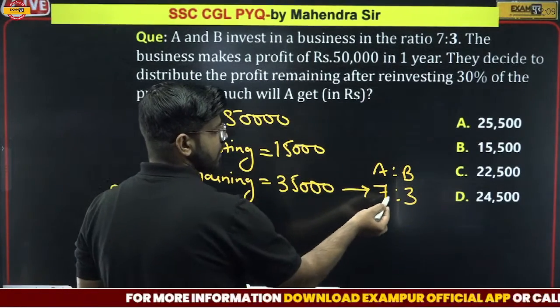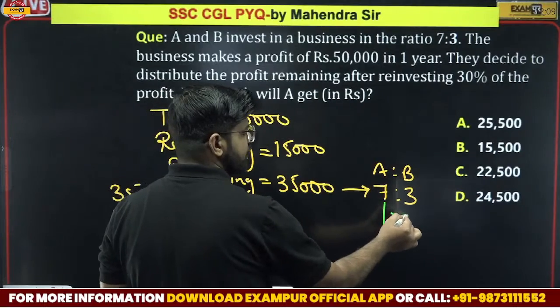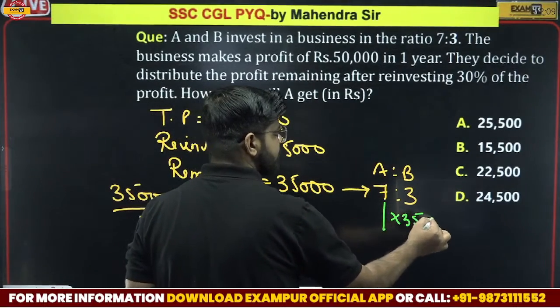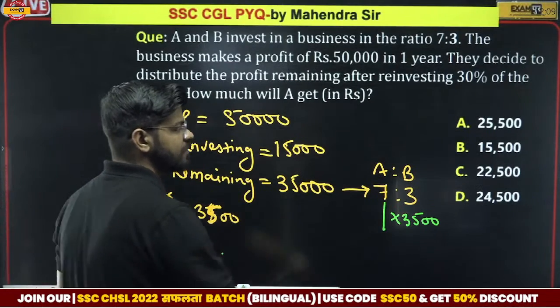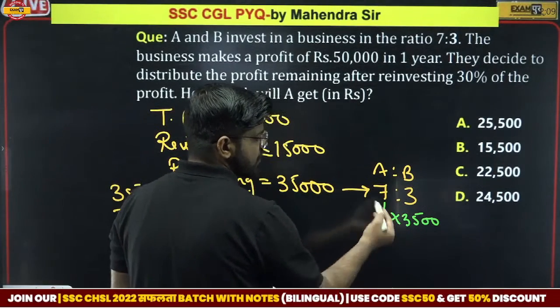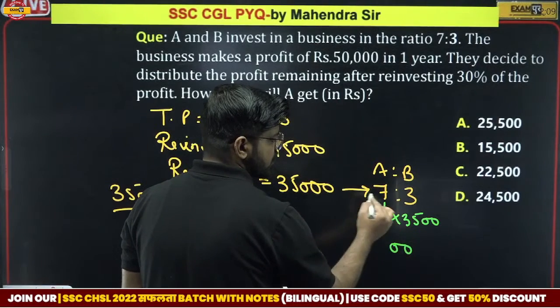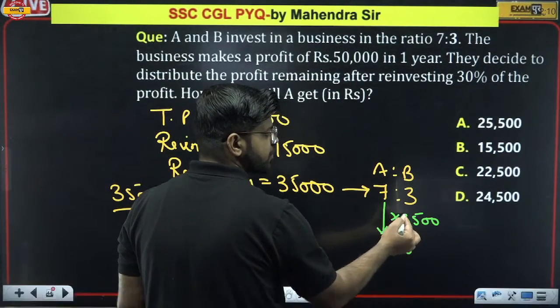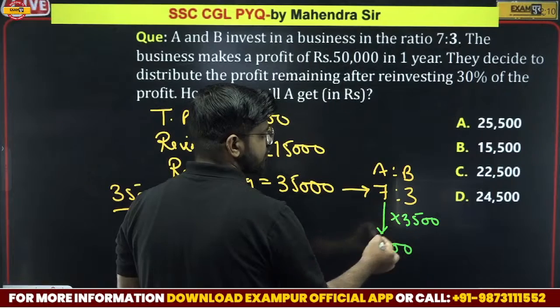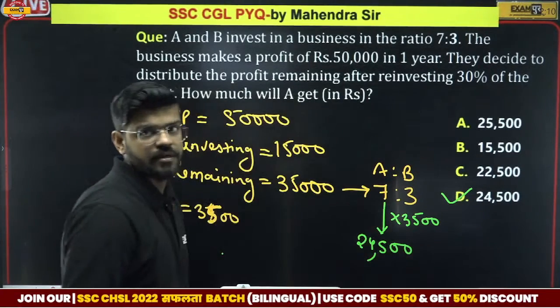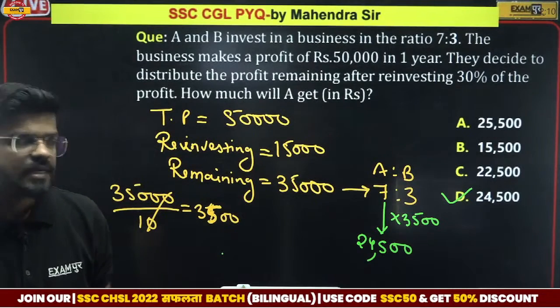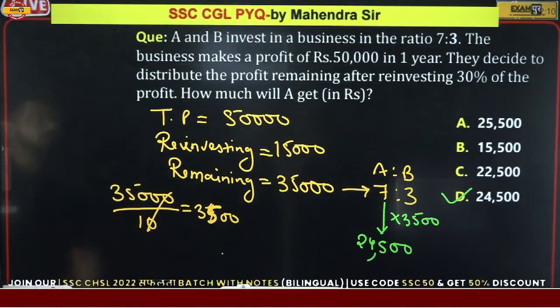This is A, this is B. We have to calculate the value of A, so I am going to multiply 3,500 to 7. If we have to calculate the value of B, just multiply this to 3. So 00 is common, 7 5s are 35, carry 3. We get 24,500. That means option number D. Clear to everyone? Let's move on to another question.